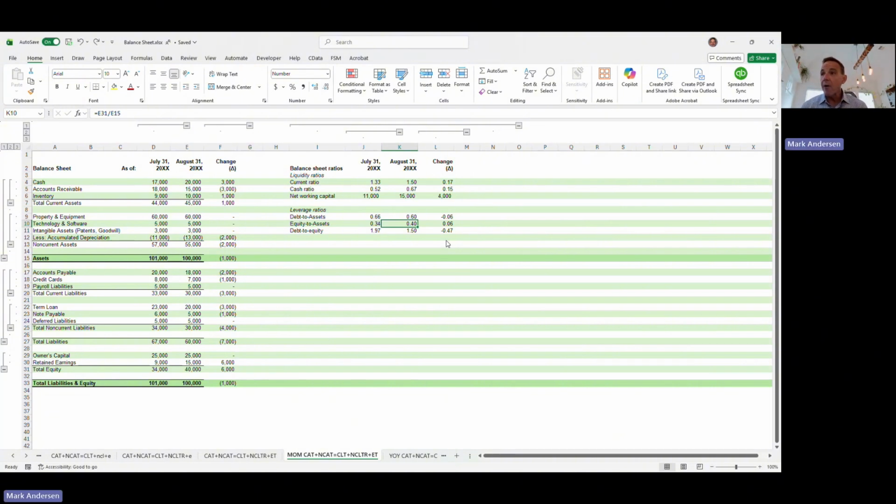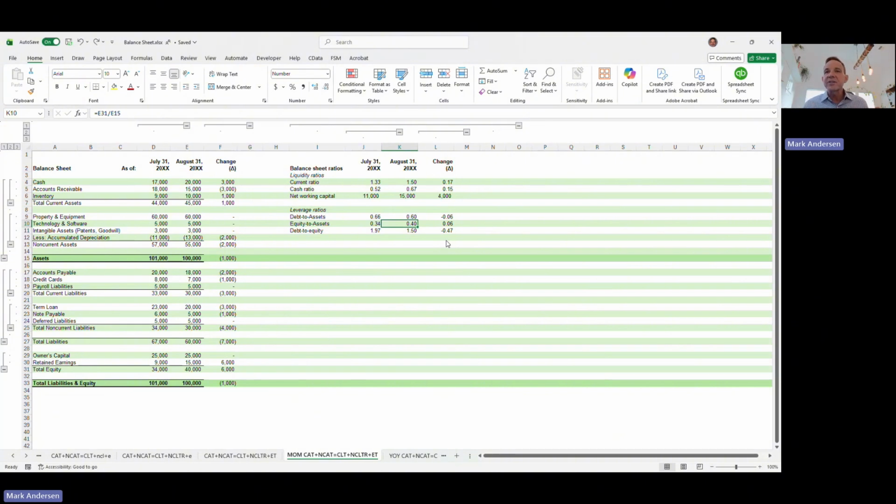So the question now becomes, if 40% equity is one of the things that our lender is looking at, are we going to be in a position to get a loan? So let's tweak some of this a little.